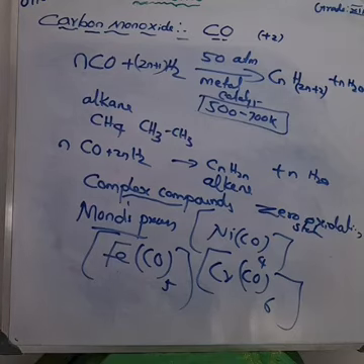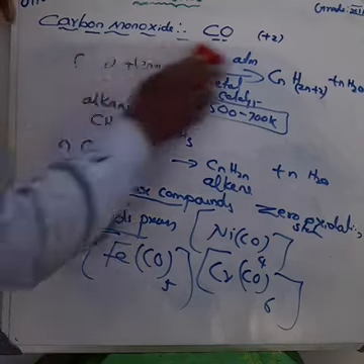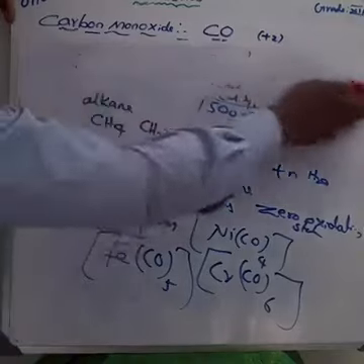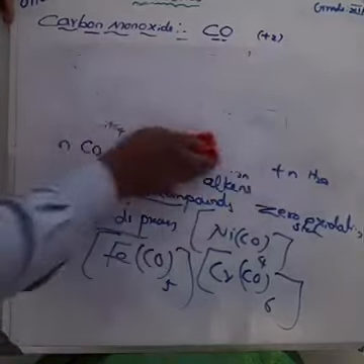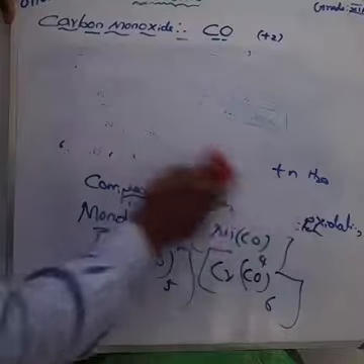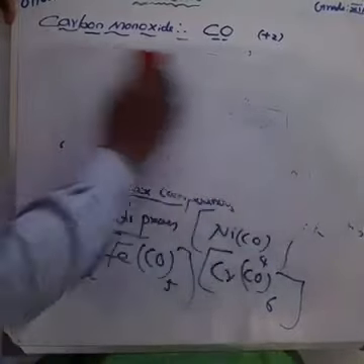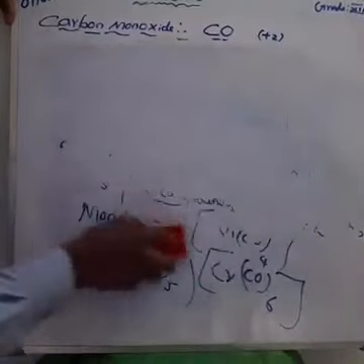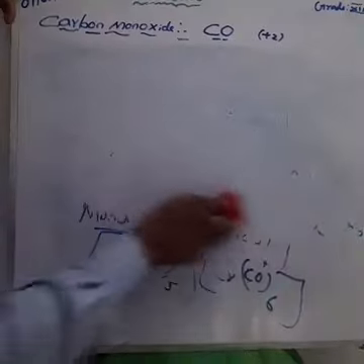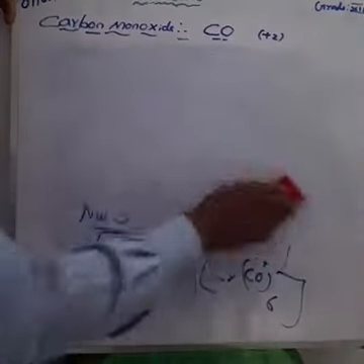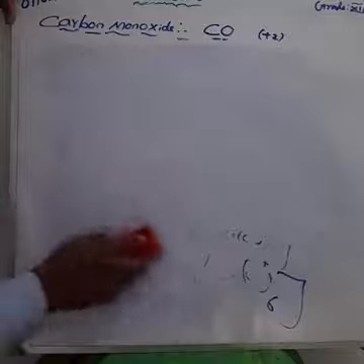Next, an important area. We already learned thoroughly about the structure of carbon monoxide, and we are just recalling it once again. What is the structure of carbon monoxide? Carbon monoxide has a linear structure, which simply means a straight chain structure.